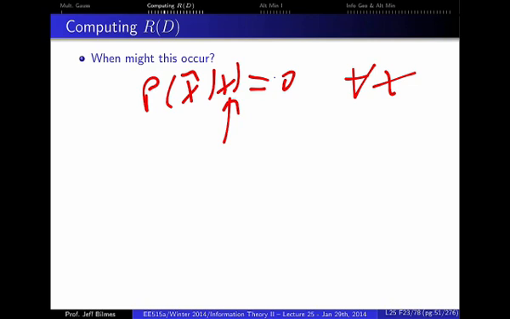Because turning off code words corresponds to increasing distortion. Exactly.